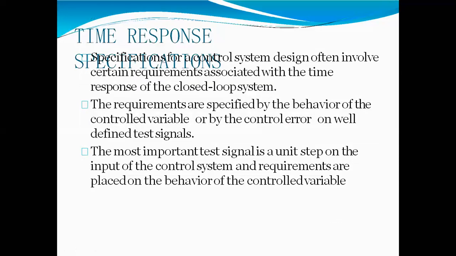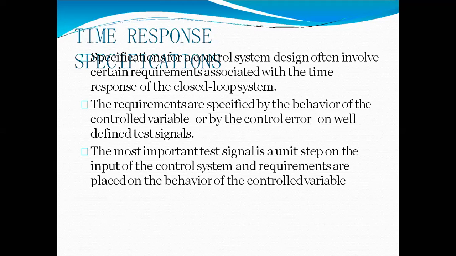We have some specifications with respect to time for a control system, which are nothing but requirements associated with time in terms of the closed loop system. We have seen that control systems are categorized into closed loop systems and open loop systems. So what happens if I try to find the response of the system, whether it is a closed loop system or an open loop system?